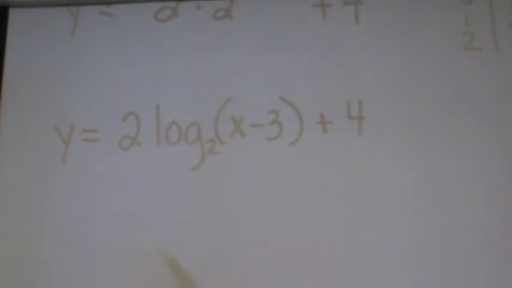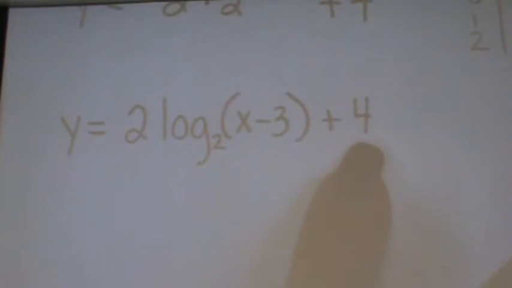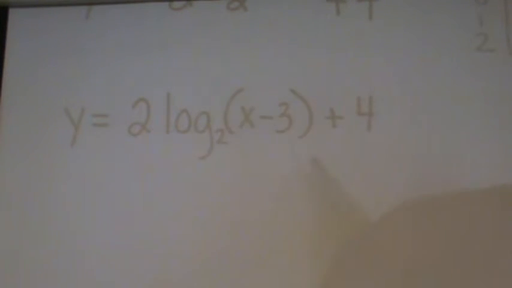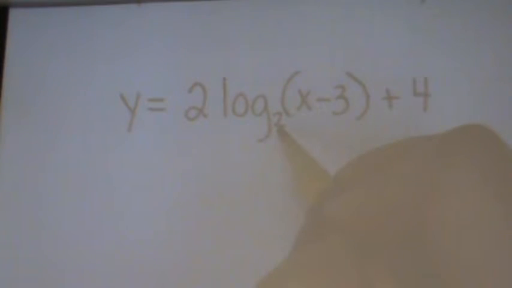Guess what you're going to do here? Same thing. You're going to add 3 to your x values, you're going to multiply your y values by 2, and you're going to add 4 to your y values. That's it. But to what numbers are you doing these operations? Well, you've got to know what the mama function is.